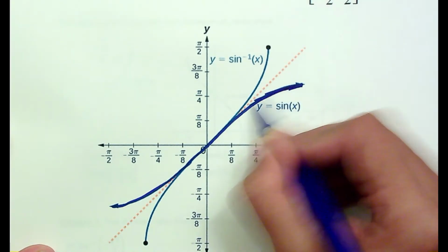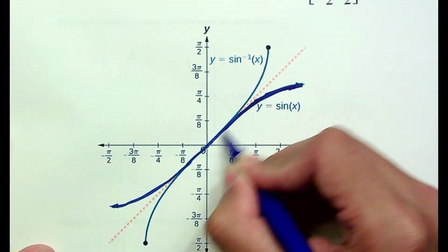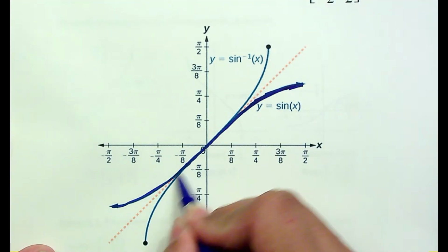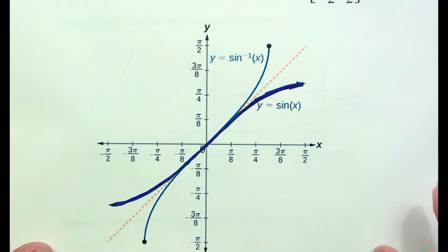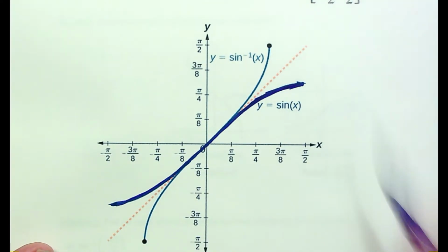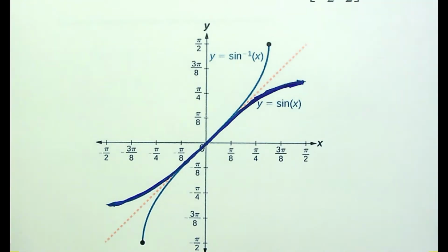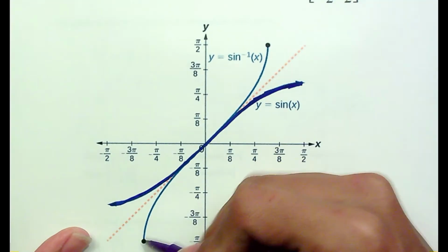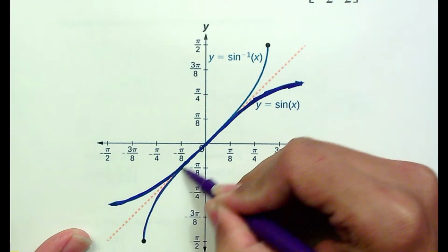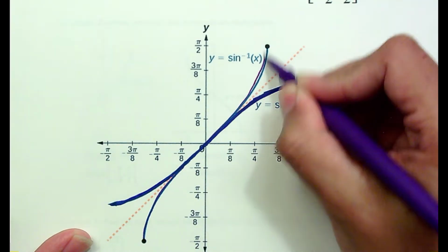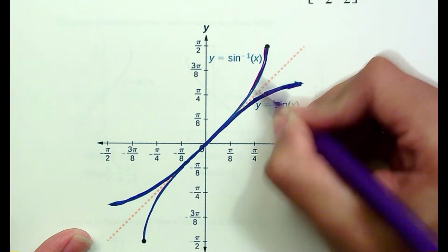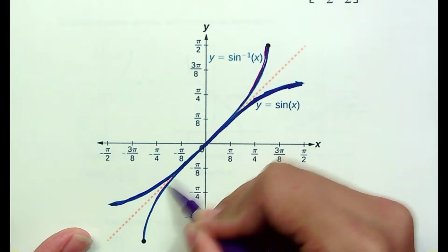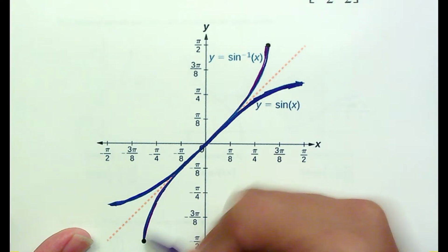What you do is you take that graph and reflect it across the line y equals x, and that gives you the graph of sine inverse. So the graph of sine inverse would be this right here, which I'm drawing in purple. It is a reflection across the line y equals x.